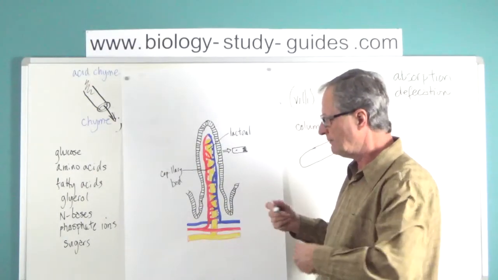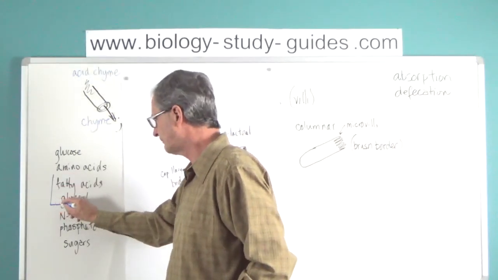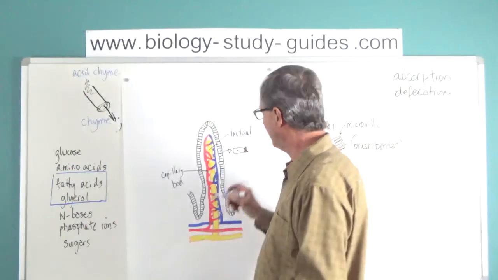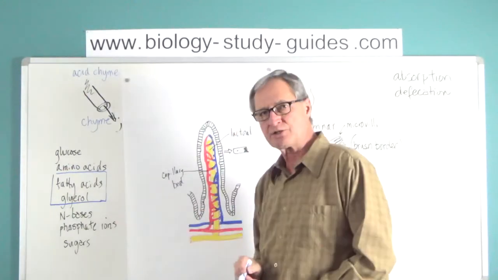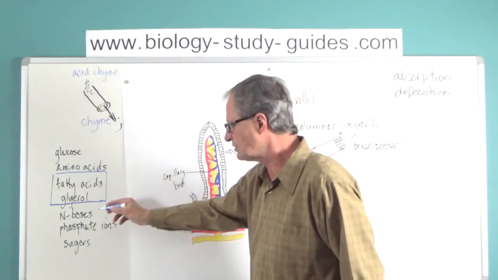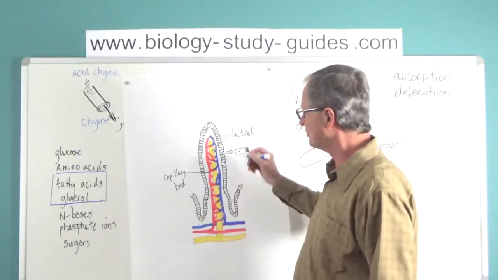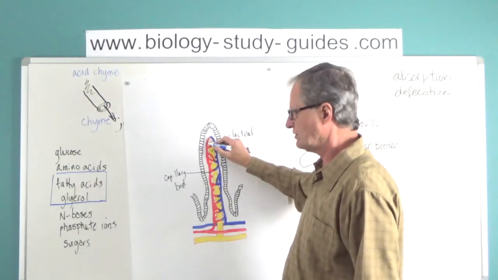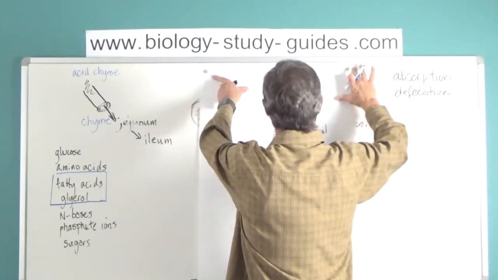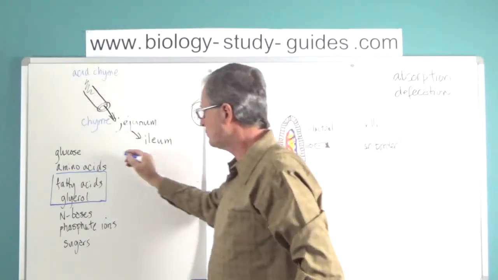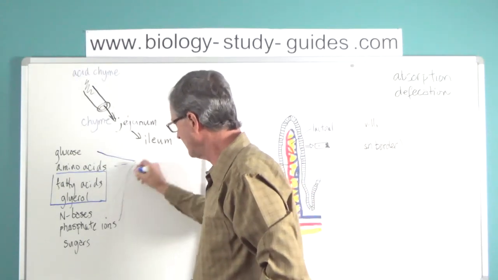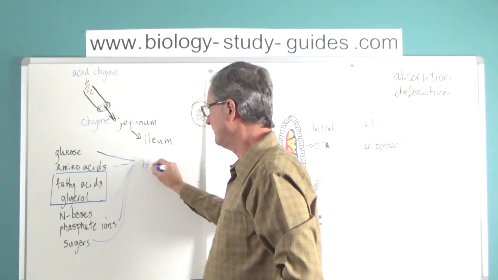These two here don't go the same place as the other six, except five. Glucose, amino acids, the nitrogenous bases, phosphates, and sugars all go into the circulatory system. So these ones here, I'll just move this over a tiny little bit, these ones all go into the blood.